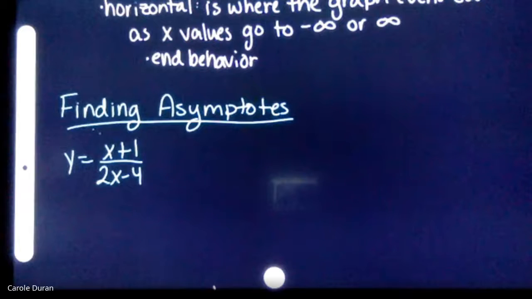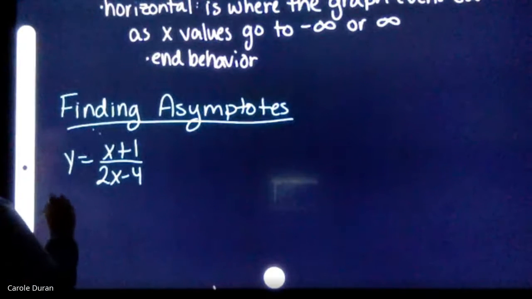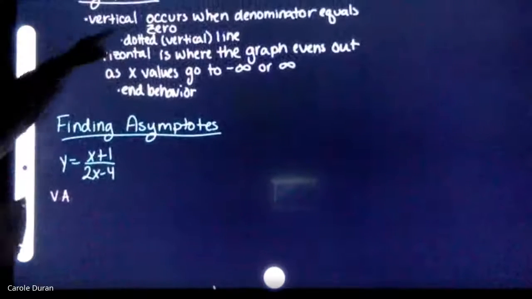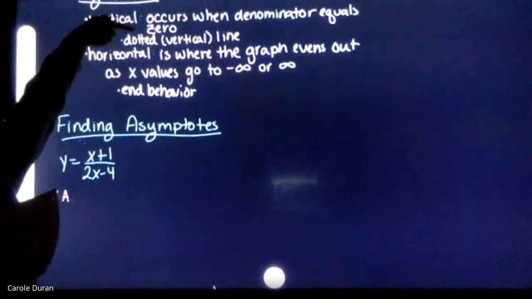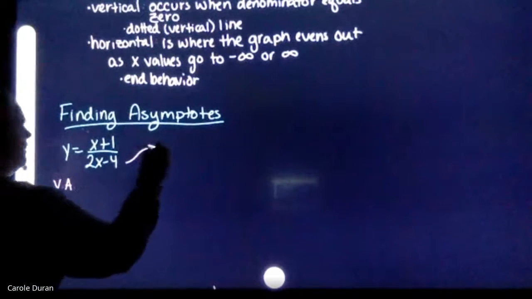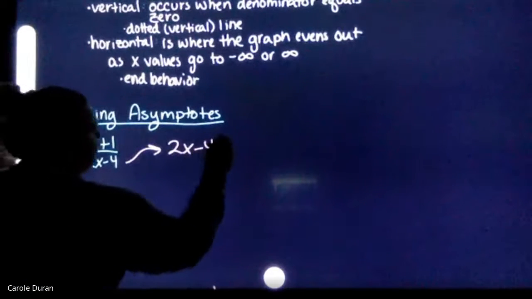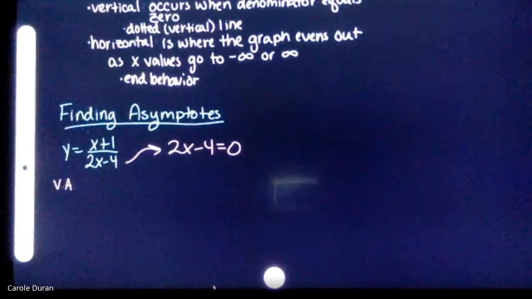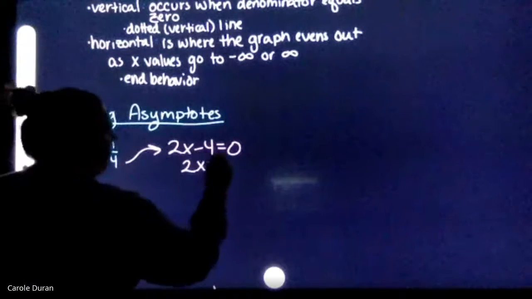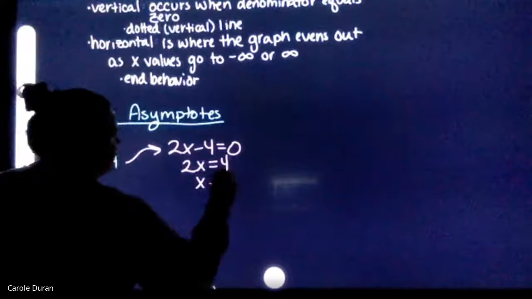I can go ahead and identify my vertical asymptote, which I'm just going to abbreviate as VA. Remember, our vertical asymptote occurs when our denominator equals 0. So I need to take that denominator of the fraction, and I need to set it equal to 0 and solve for x. So I'm going to go ahead and add the 4 across, and then divide by 2.